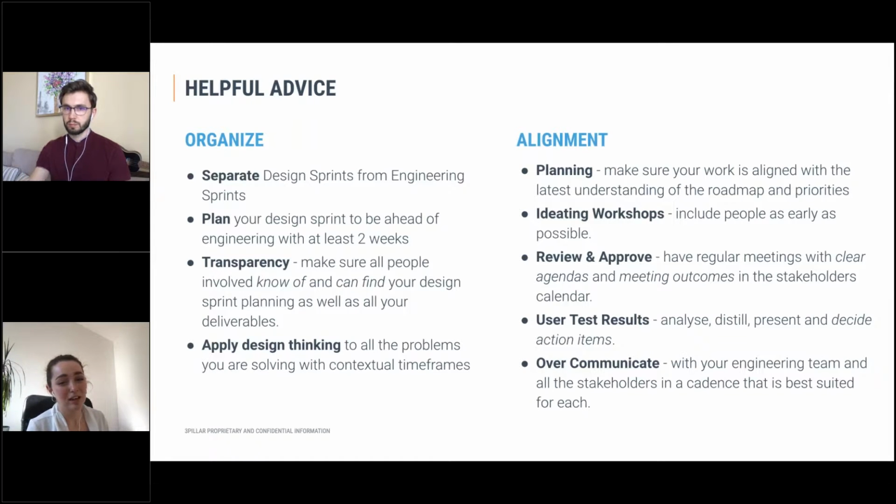You have to have review and approval meetings that are set up in the stakeholder calendars so they know that potentially you have a day or 2 days a week, depending on your context and needs. And you have review and approve meetings. And everyone will make time for those because those are important. For the user test results, it's paramount that you analyze them and also decide the action items collaboratively as a team.